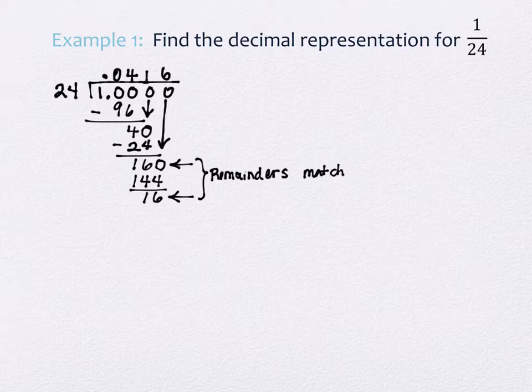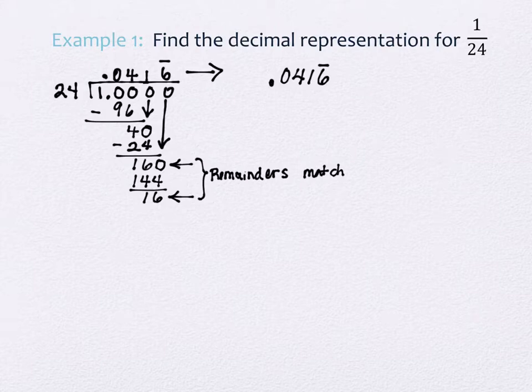But if you happen to notice that it matches here, you can stop here and know that the last time you had the remainder that repeated is where you're going to get your repeating bar. So in our value here, we want to be careful that we put the repeating bar only over the part that repeats. In this case, that's simply the number 6.